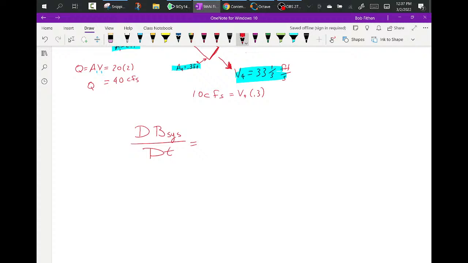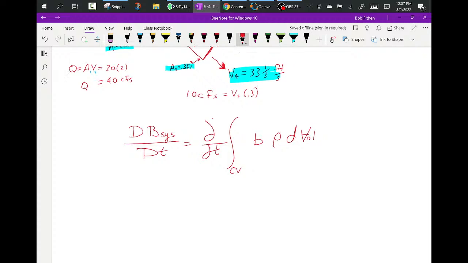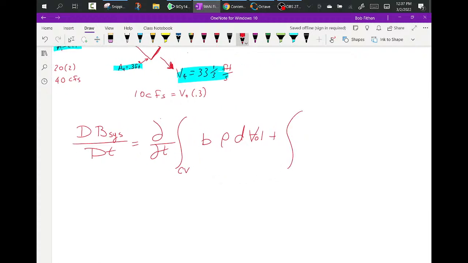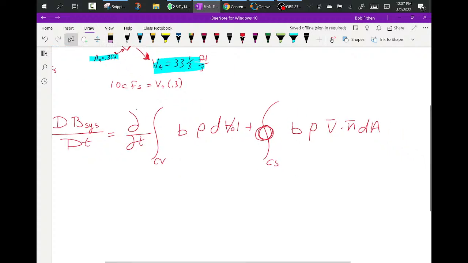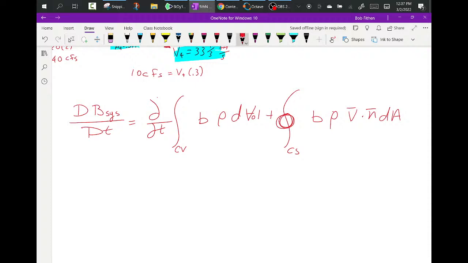It is equal to the partial with respect to time of the integral over the whole control volume of a little b, d volume, plus an integral that goes around the whole control surface of a b, I guess the rho would come first, v dot n dA. So this is Reynolds transport. Now let's make a little table.